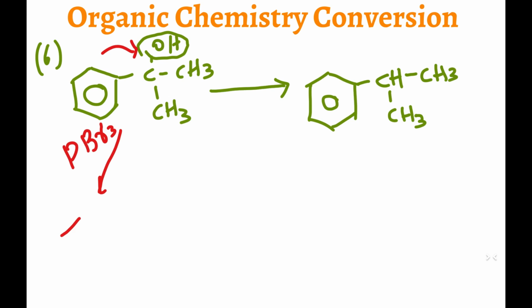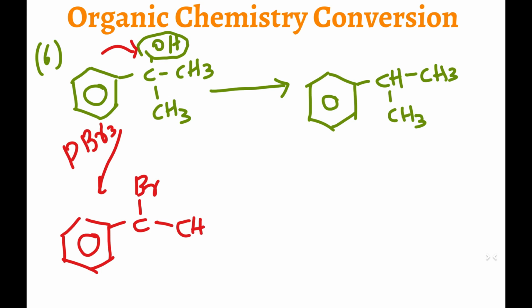The resultant product of this step is just like this: OH substituted with bromine, and both CH3 groups will not be changed in this circumstance. So this one is a nucleophilic substitution and the nucleophile is Br-.